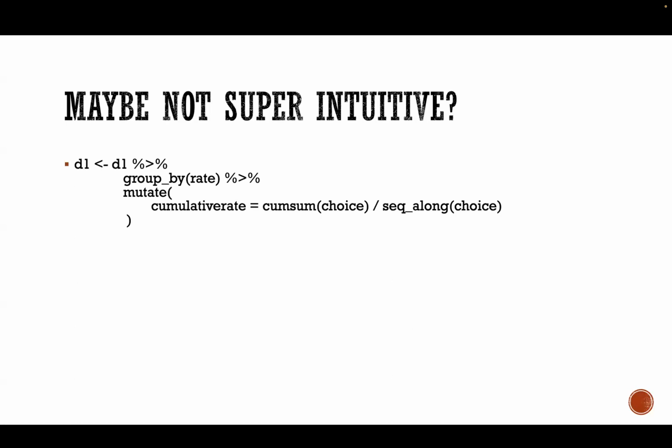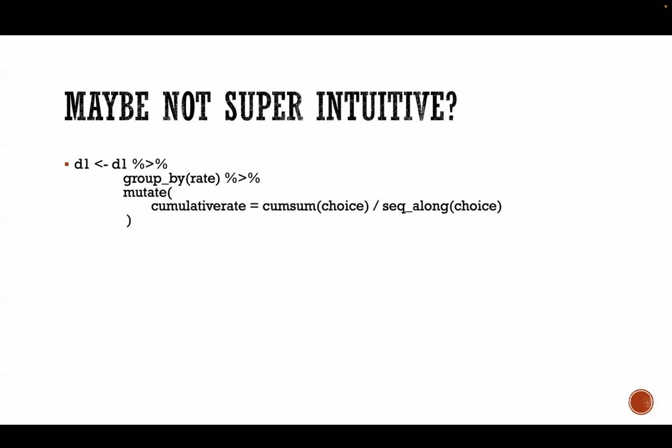We take our data frame or table. We group it by rate because we don't want to make calculations across rates. They're separate agents, if you want. And then we create with mutate a cumulative rate variable, which has a cumulative sum of choice. What is a cumulative sum? It means that in the first trial, it only takes the choice.